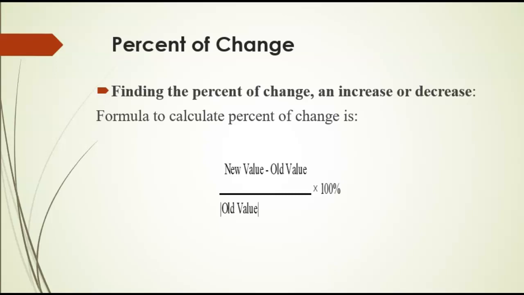As Math is Fun website explains, the formula to calculate the percent of change increase is to subtract the old value from the new value and divide it by the old value, then multiply that number by 100.